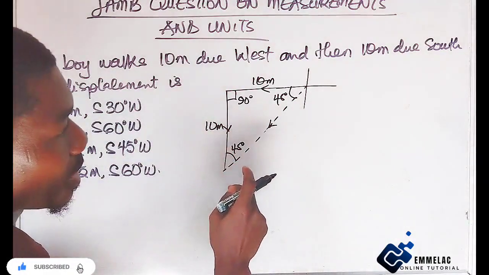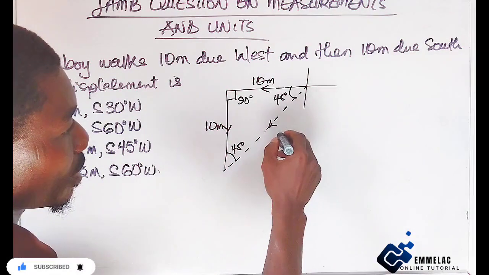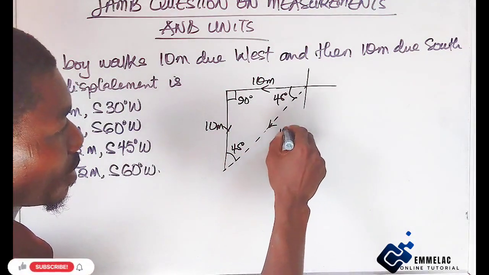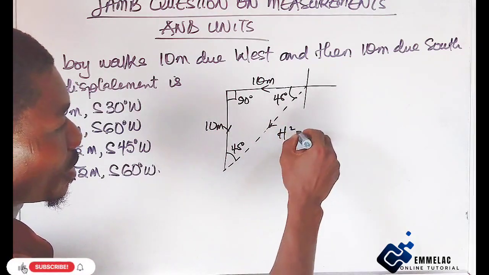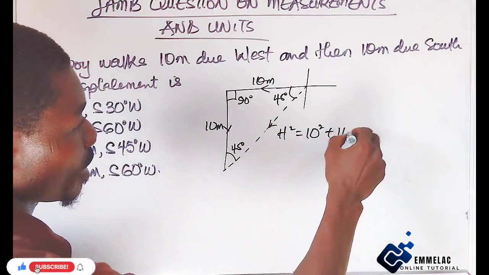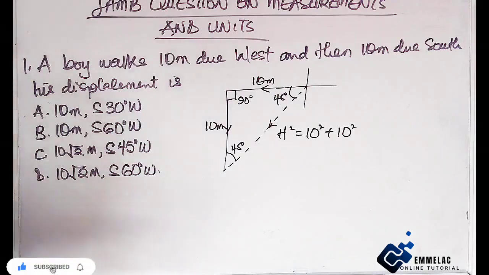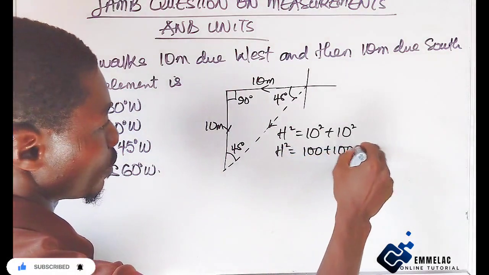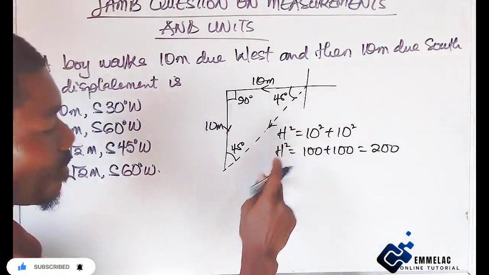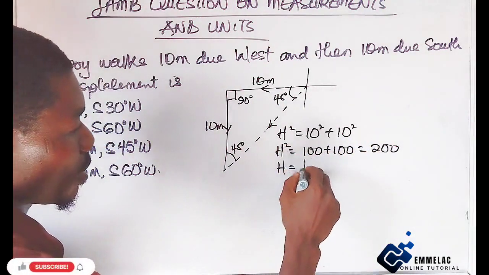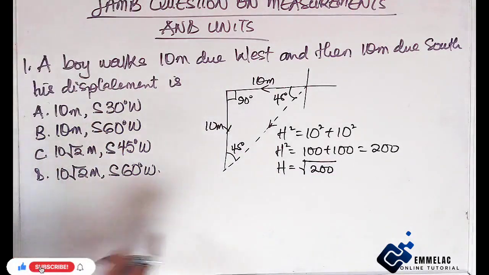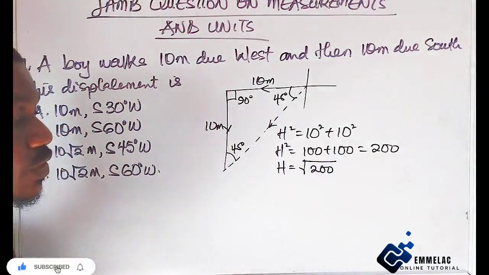Alright, so to this end here, we can say finding the hypotenuse here, so you can just h square, let's represent it as h, then 10 square plus 10 square using Pythagoras theorem. So here you have 100 plus 100, which will give us 200. Finding the square root of 200. Now you can see here we have solved, so it implies that you will not use calculator.